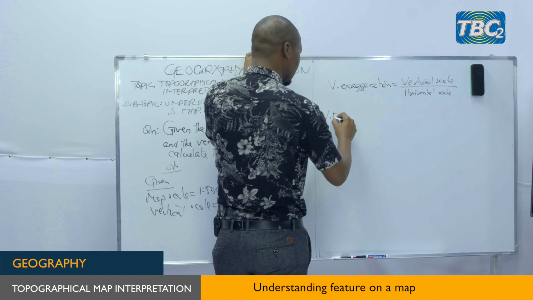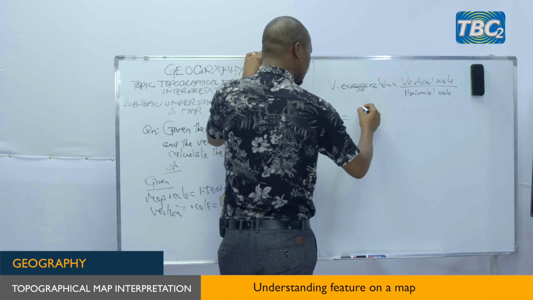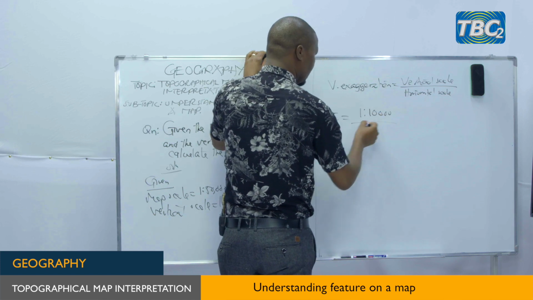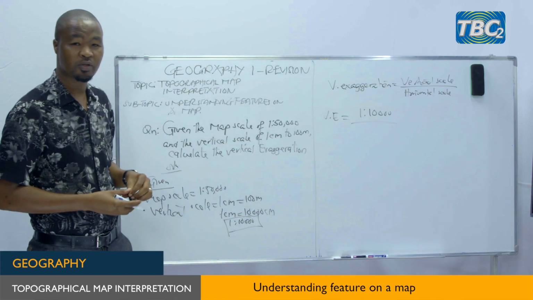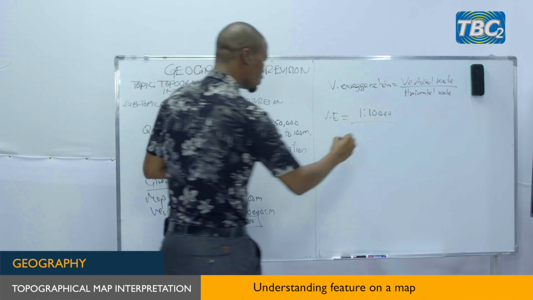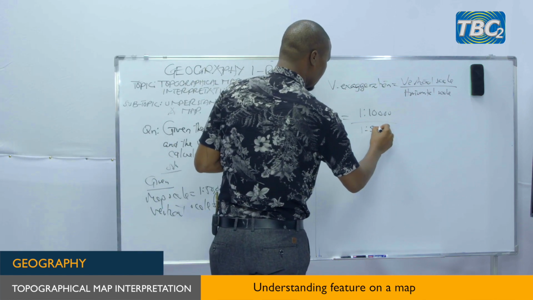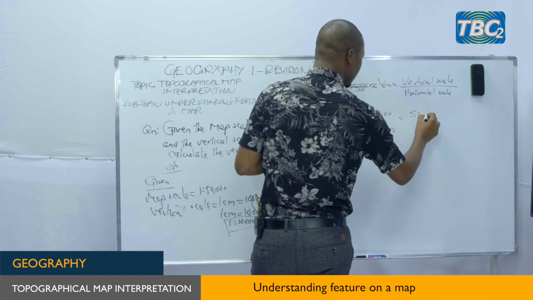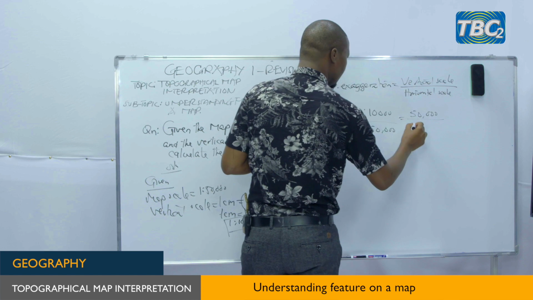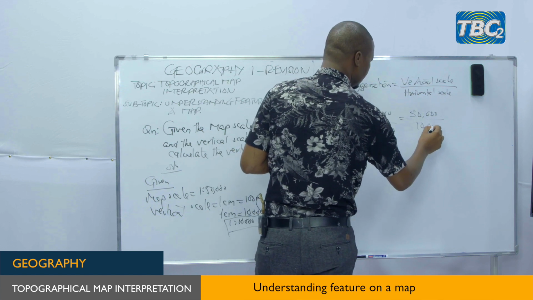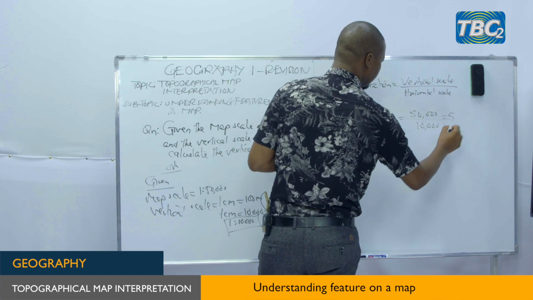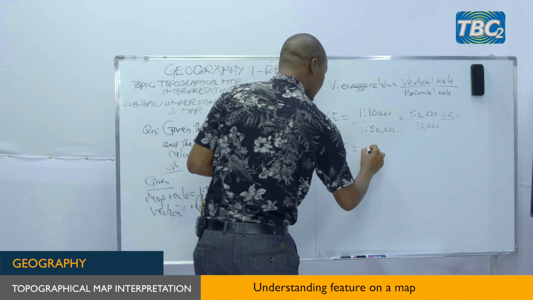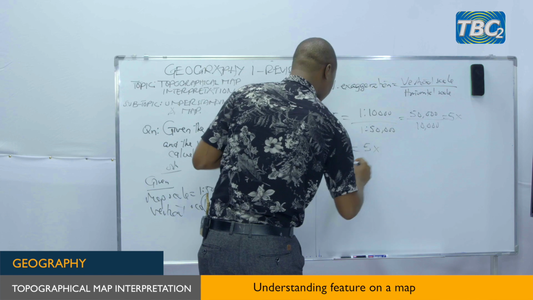It is equal to the vertical scale, 1:10,000, divided by the horizontal scale, the map scale provided, 1:50,000. So it is 50,000 divided by 10,000, which is equal to 5 times.